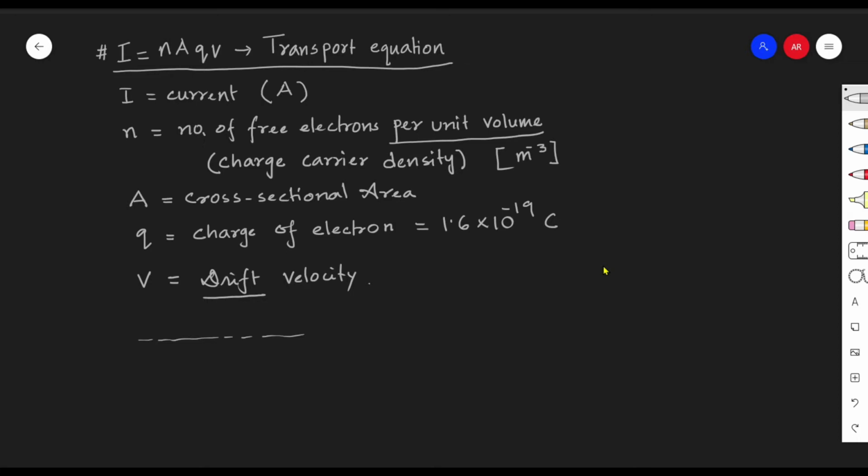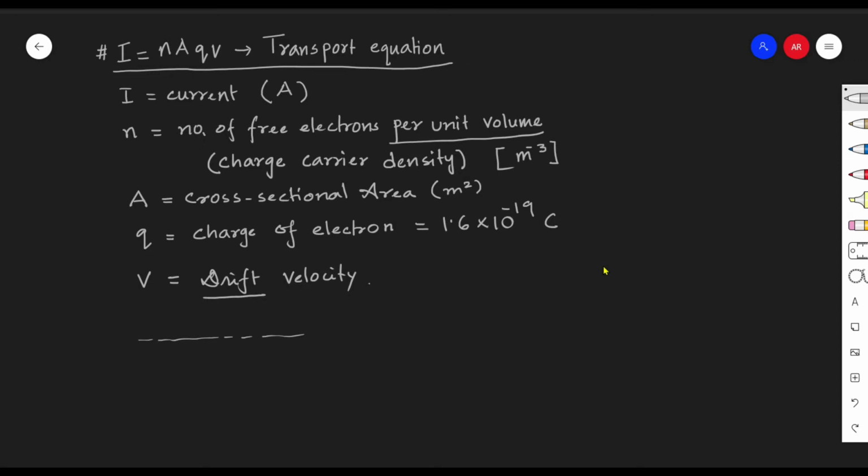A stands for the area of cross section, or cross sectional area, of the conductor, and its unit is meter square since it is area. Q is the charge of an electron, which is always constant, 1.6 times 10 to the power negative 19 coulomb.